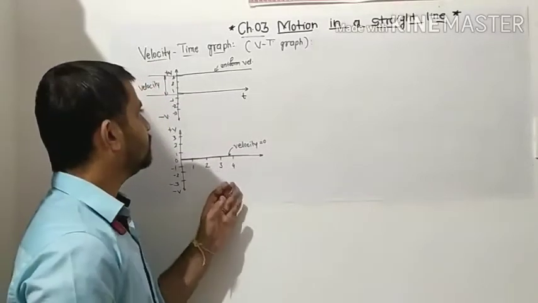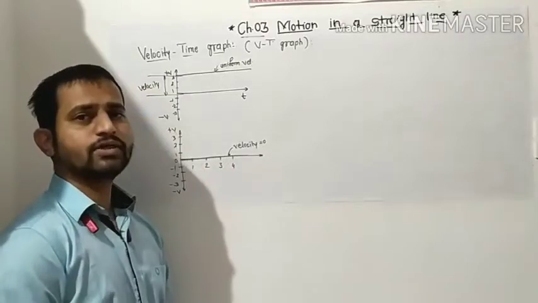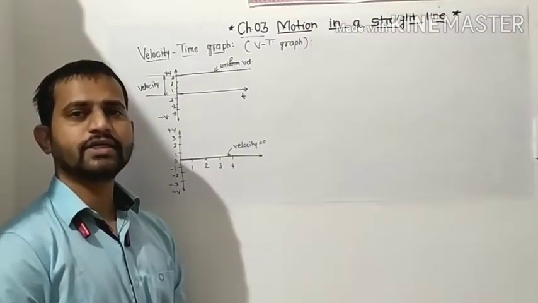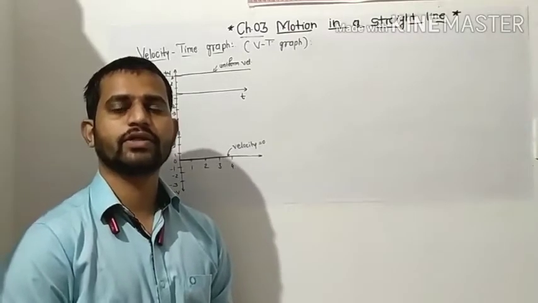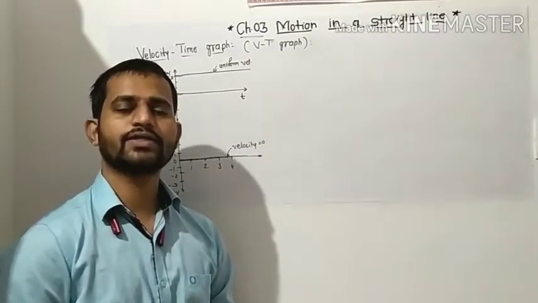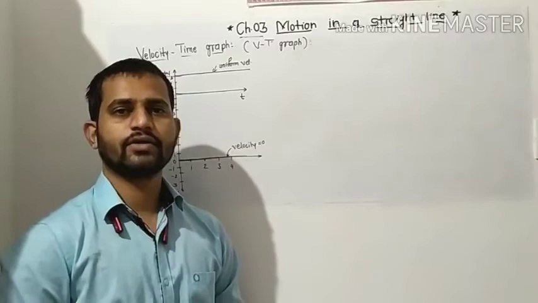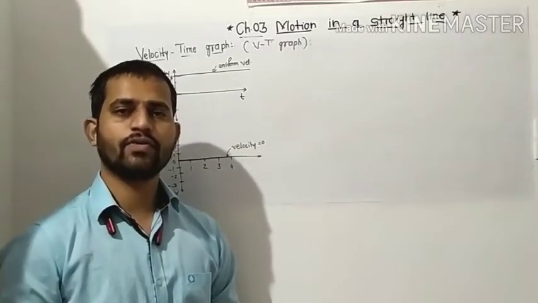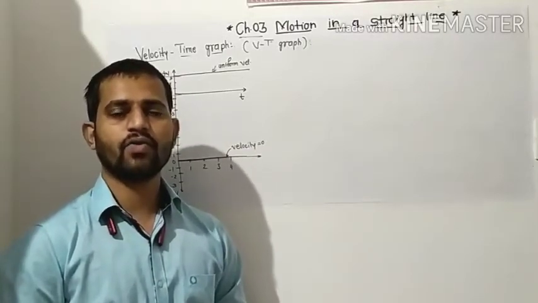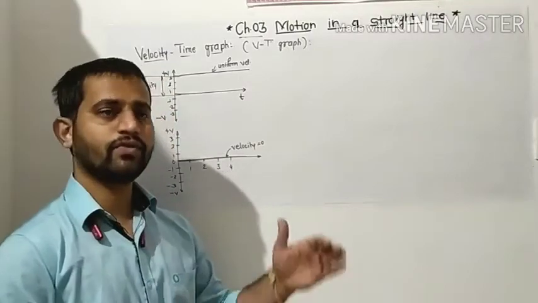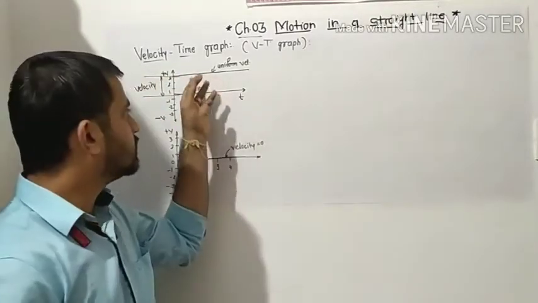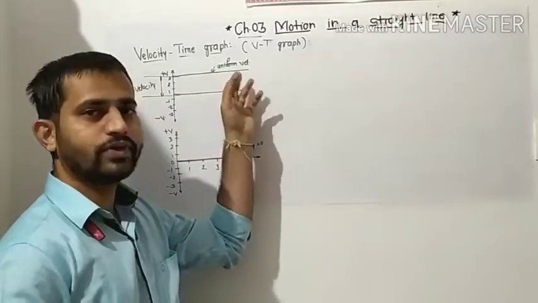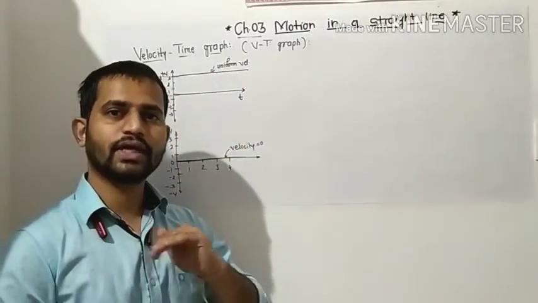Okay, so these are the two different conditions. Initially the object has a velocity of 3 meters per second, and it is moving continuously with that velocity, a uniform velocity. Then how can we indicate it? We have to draw a straight line parallel to the x-axis.